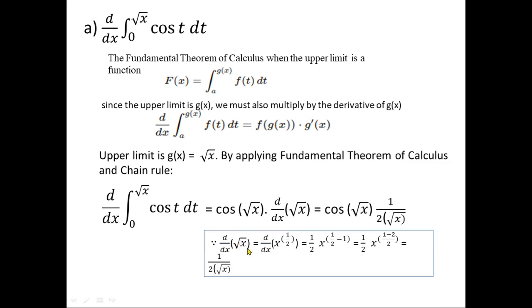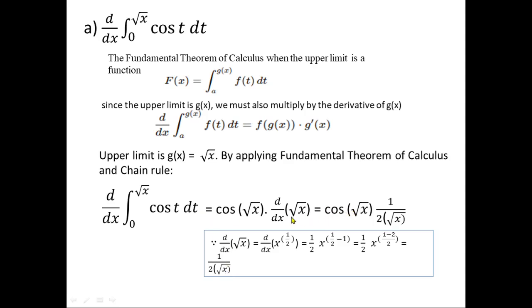Root x can be written as x power 1 by 2, and the differentiation of x power n is n into x power n minus 1. So 1 by 2 into x power 1 by 2 minus 1, that is 1 minus 2 by 2, which is minus 1 by 2. So 1 by 2 into x power minus 1 by 2, which we can write as 1 by 2 root of x.